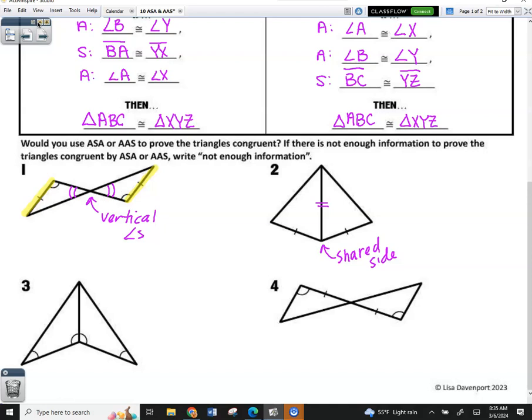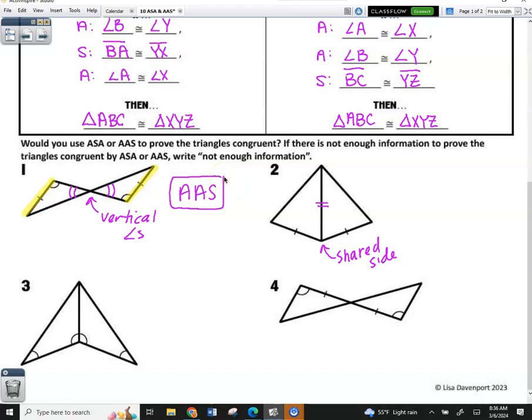This is an angle, angle, side problem, because the side that I highlighted, congruent, is only touching one of the congruent angles. So this is definitely on the edge of the angles. You got angle, angle, side. So this is an angle, angle, side problem.